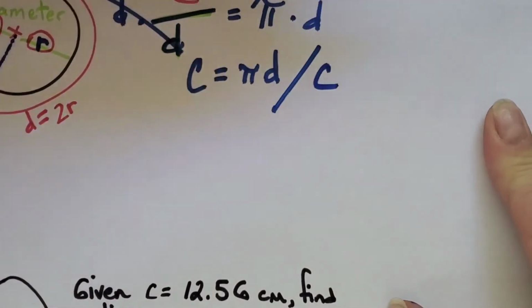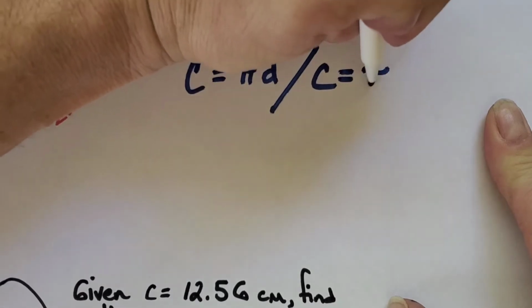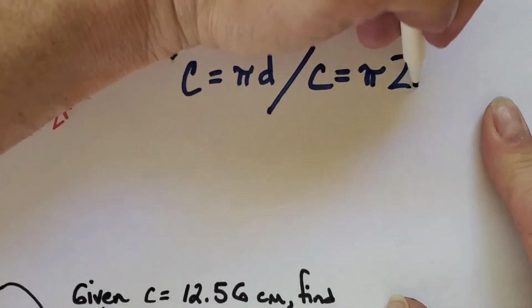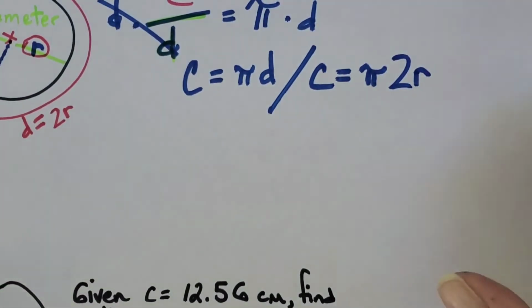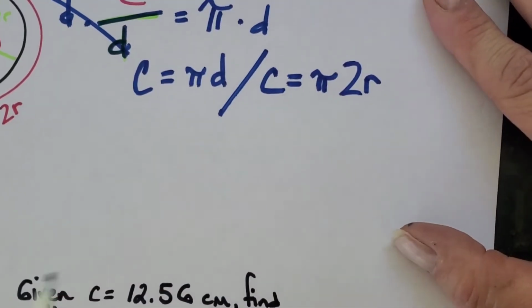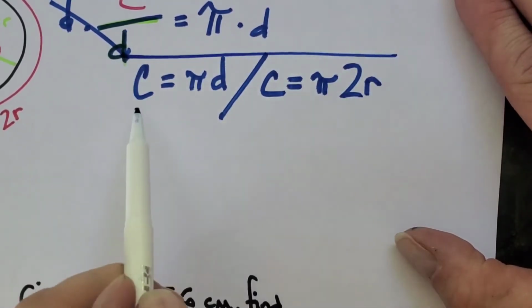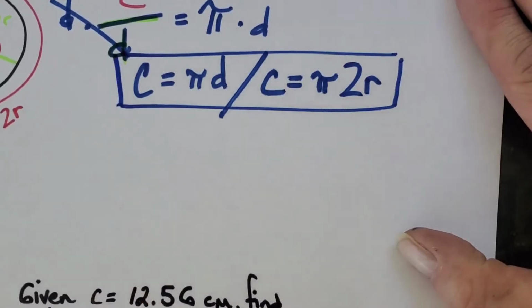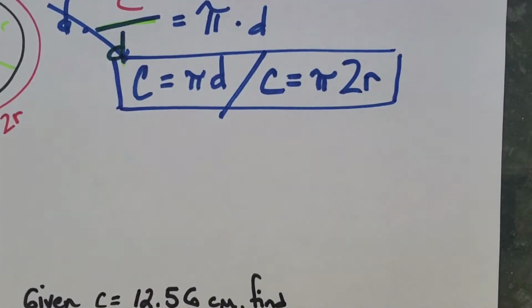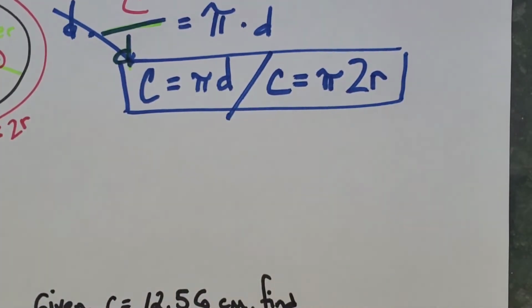Instead of writing circumference equals pi times diameter, we'll write pi times 2 times radius. So depending on the type of problem that you're dealing with, you can use either formula. They really are equal.